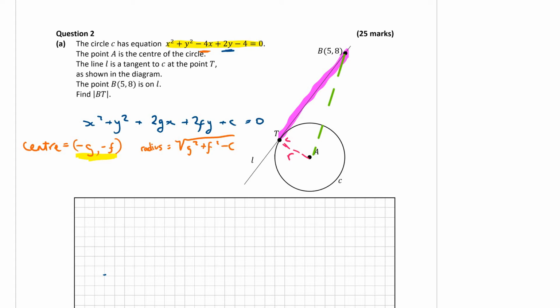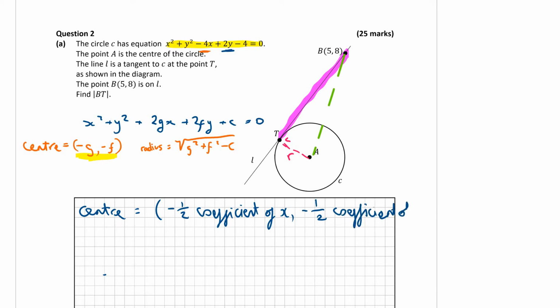So we're going to use that now. If the center is minus g, minus f, then the center of any circle is going to be minus half of the coefficient of x in the equation, and the y value will be minus half the coefficient of y. So for this circle, the center is represented by A, which is going to be minus a half of the coefficient of x.